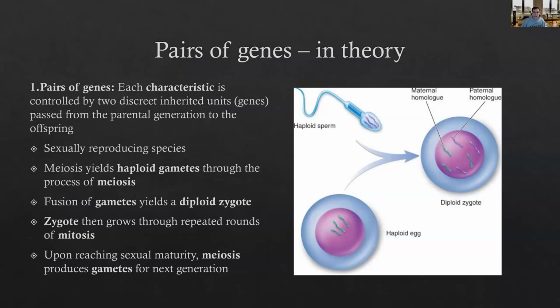The other half of the genetic information inside of that zygote is the paternal information that comes from the sperm cell. Then through repeated rounds of mitosis, you end up getting, in humans, the trillions of cells that make up a human person, essentially. Same thing goes through there. And then when that individual reaches reproductive maturity, they go through meiosis and create gametes to make the next generation.